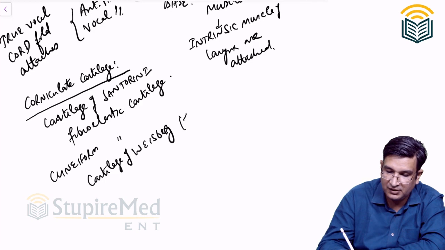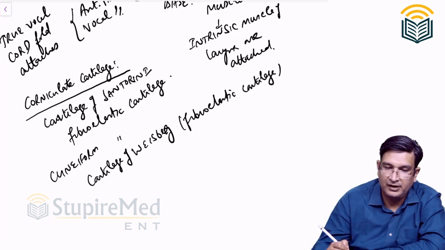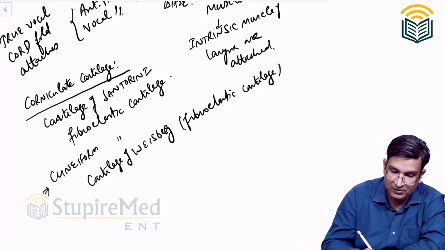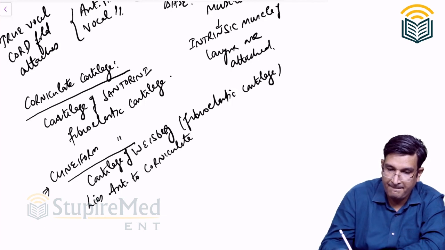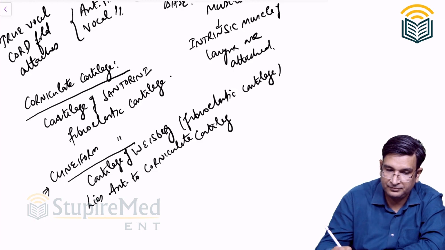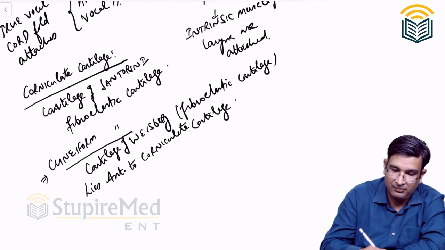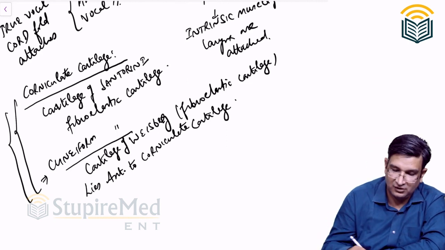It is also a fibroelastic cartilage, and it lies anterior to the corniculate cartilage. Both corniculate and cuneiform cartilages lie in the aryepiglottic fold.